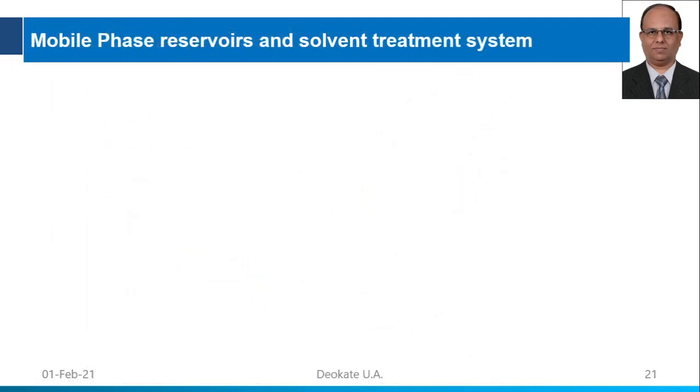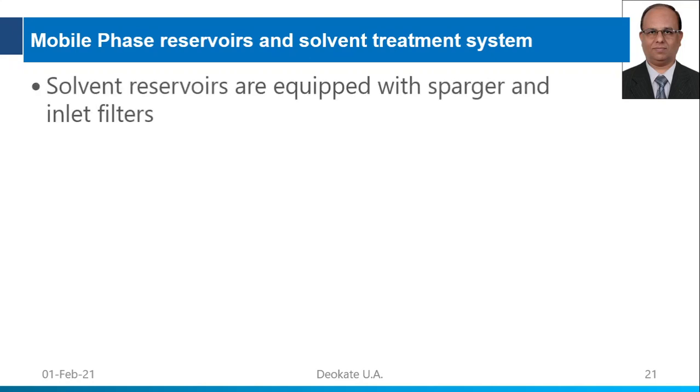Now we'll see the components of the HPLC instrument one by one. One is the mobile phase reservoir and solvent treatment system. The solvent reservoirs are equipped with purger and inlet filters. Whatever mobile phase we are using should be filtered before it is kept in the reservoir. Generally, vacuum filtration is done using 0.45 or 0.22 micrometer nylon filters.